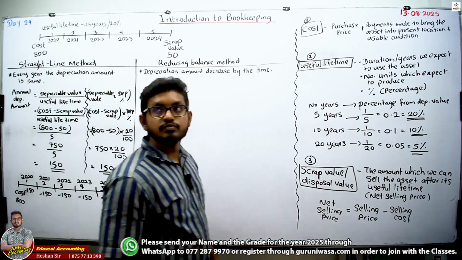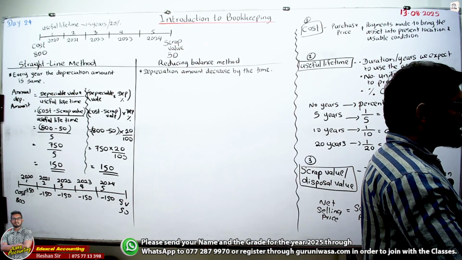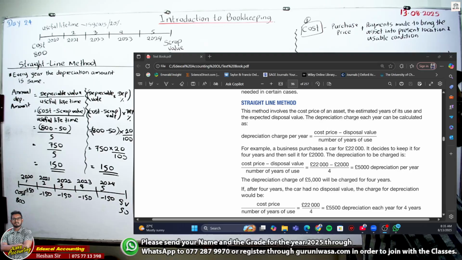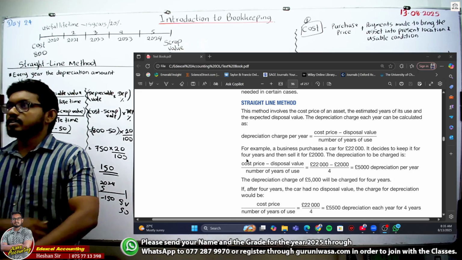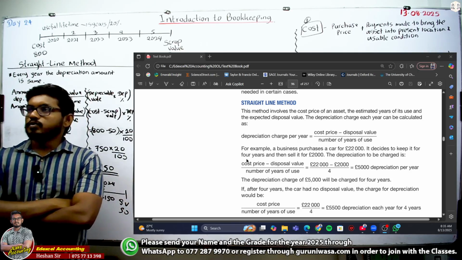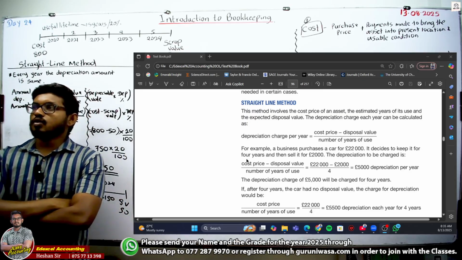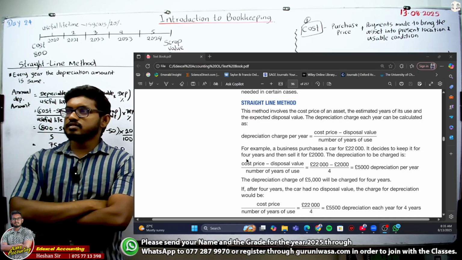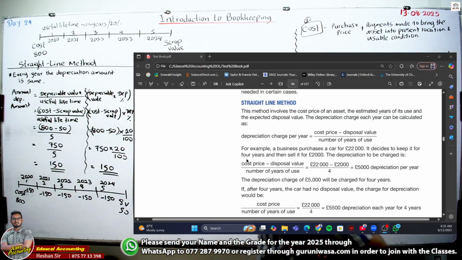It's clear. Now let's go to the straight line method. Now you can have a clear idea. Straight line: the method involves the cost price of the asset and estimated useful life, estimated years of its use, and the expected disposal value, meaning the scrap value. The depreciation charge each year is calculated as cost minus scrap value, divided by number of years. For example, a business purchases a car for 22,000.